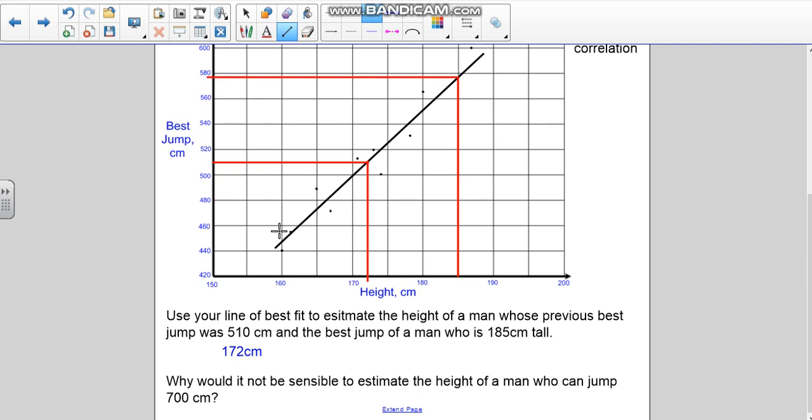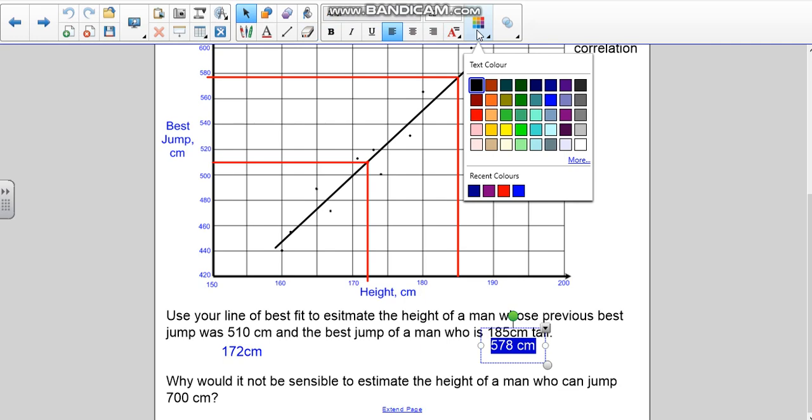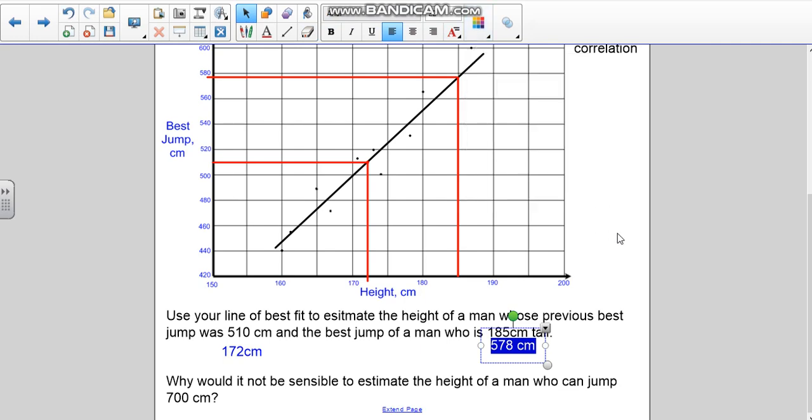We're just below 580. So it's either 577, 578, somewhere around there. We haven't got a very accurate scale, so again, we're not going to get exactly the same answers, but we read the best we can. So I've got 578 centimetres. Again, this is known as interpolation.